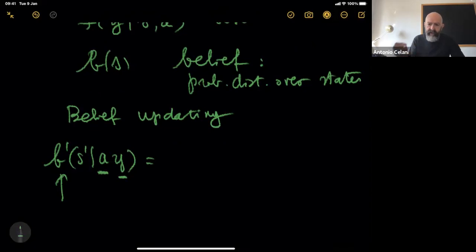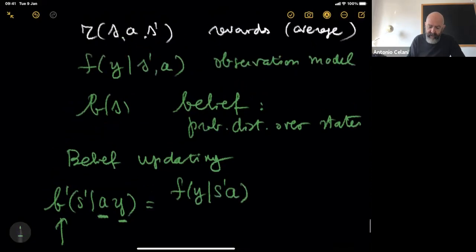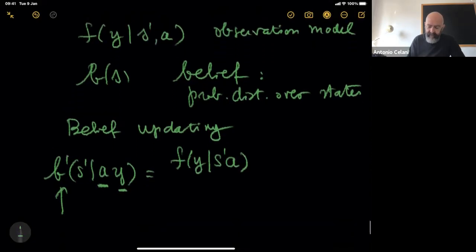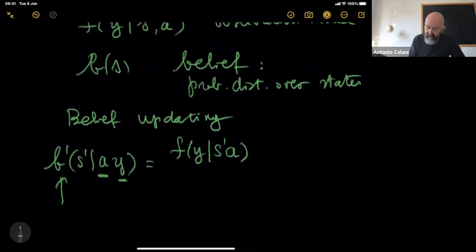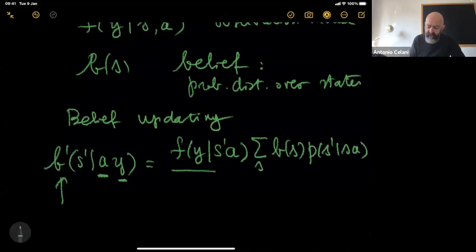And this is just a reflection of what we did in the previous hour. It's just the likelihood of the observation at the new state, this object which I have introduced here. And then there is a sum over the previous belief, the prior, if you wish, which has been transported by my process, and all this has to be normalized.